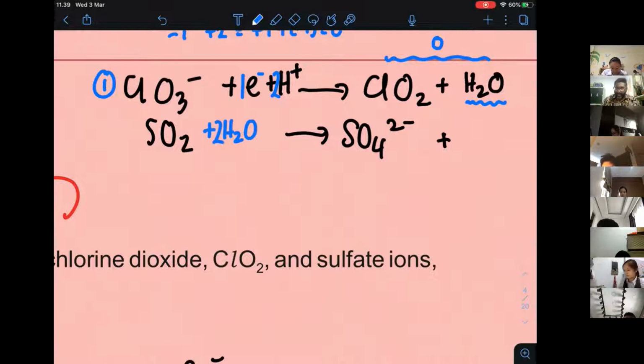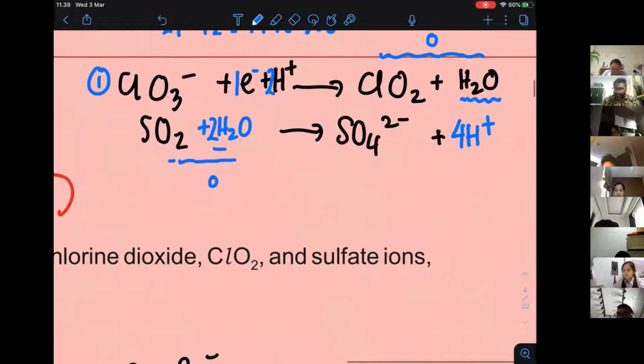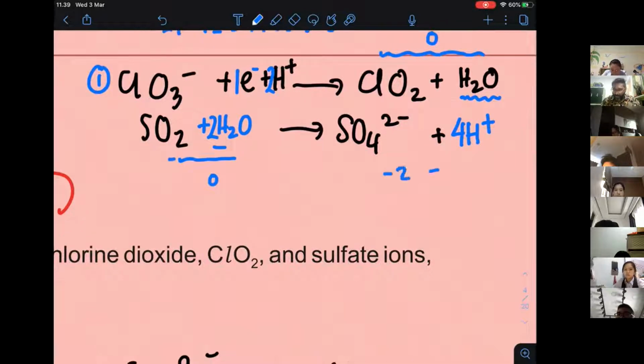And then there is no H plus here, so I need to put H plus, and there are 4 H plus. If you count over here, 4. And the last one is to balance the charges. You see here, the charge is 0, and here -2 plus 4, it's going to be +2.